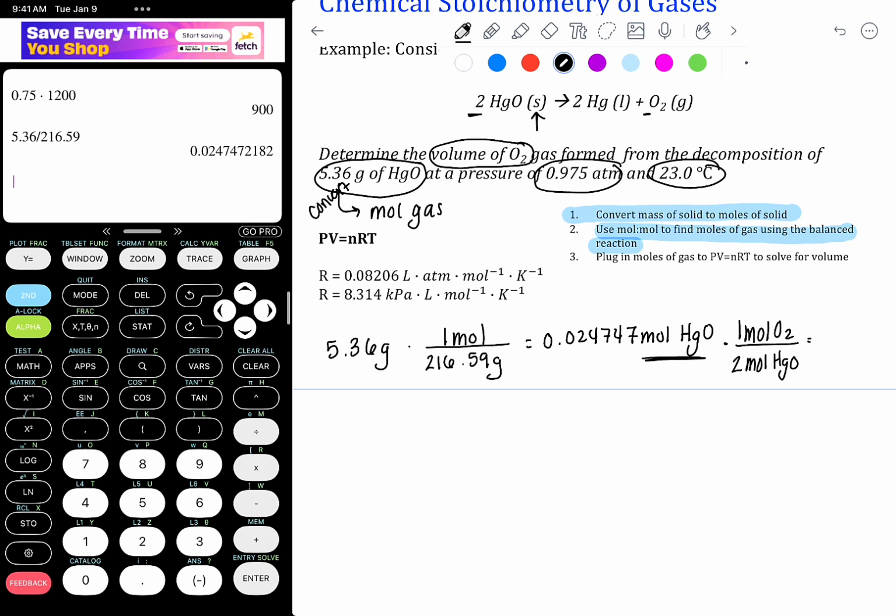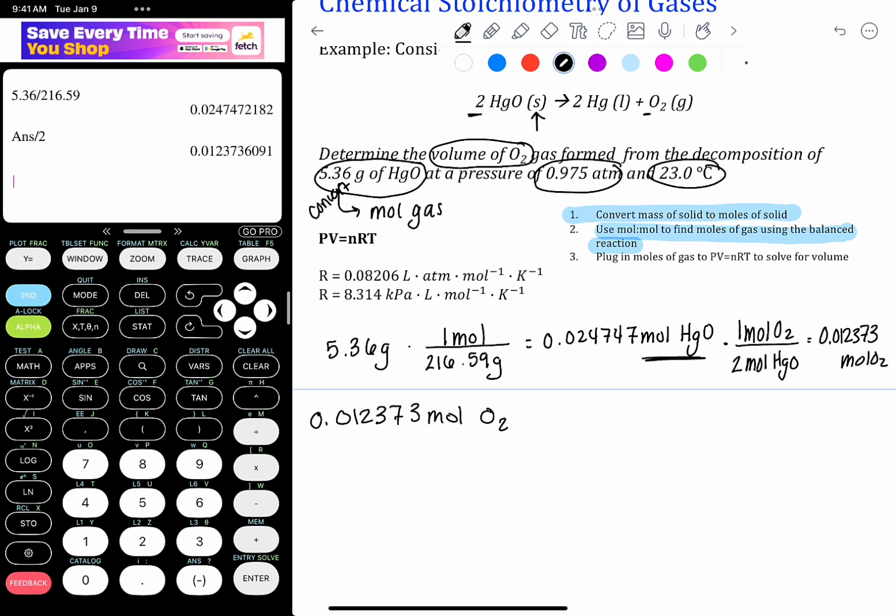So we just take our mole value and we divide it by 2 to get 0.012373, and that is moles of O2. So the 0.012373 moles of oxygen can now be used in PV equals nRT.